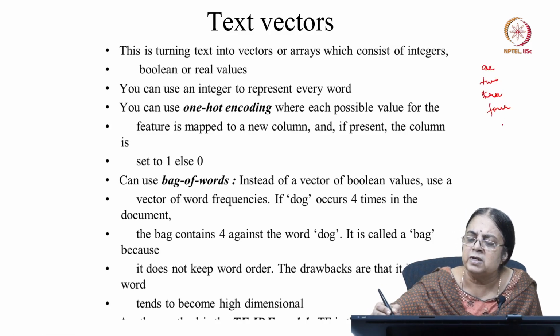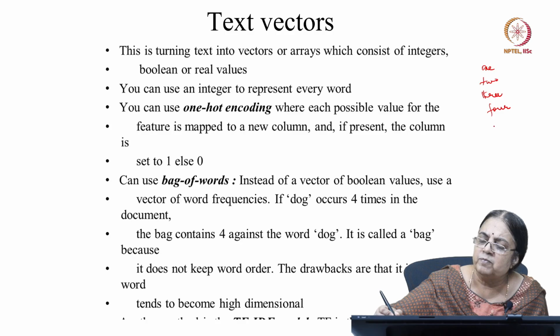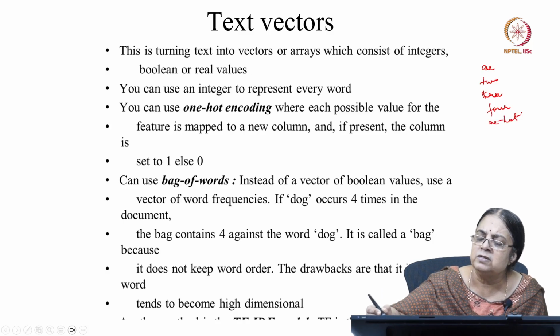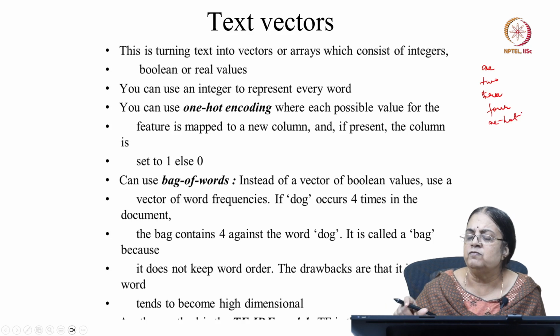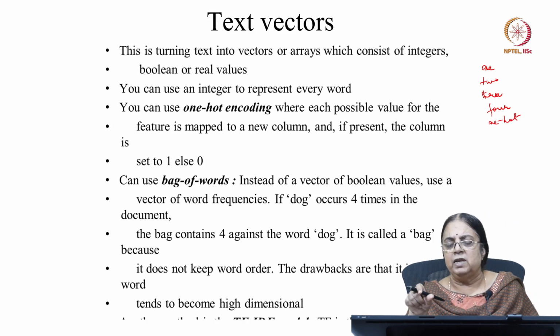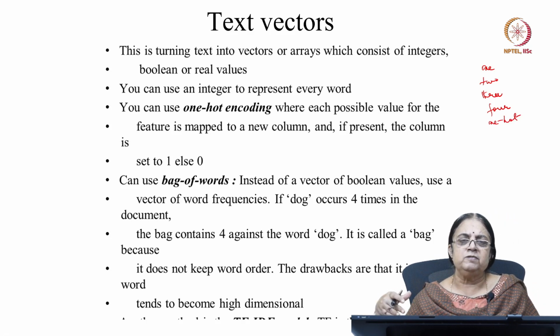What I can do is have a binary string of 4 bits, and you can use what is called a one-hot encoding. In one-hot encoding, one of the 4 elements will be 1, the others will be 0.